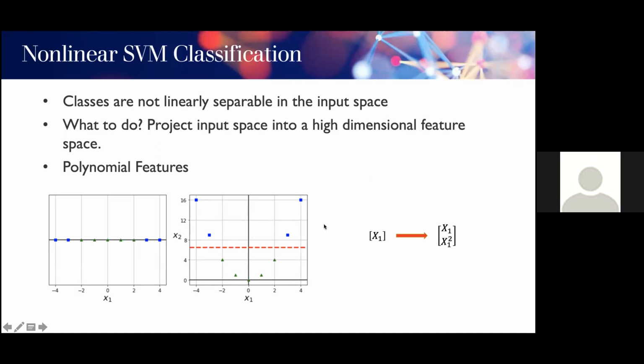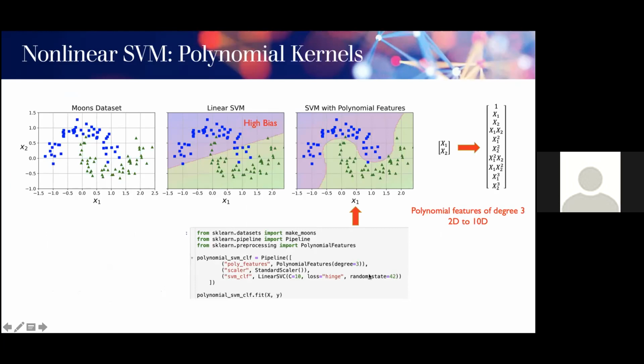The easiest place to start is projecting into a polynomial space. Here, the example where one dimension x1 is projected into x1 and x squared. With that, the author introduces the concept of polynomial kernels, and using Scikit-Learn's Moon datasets presents a couple of examples.